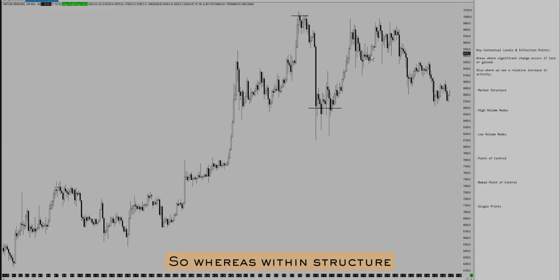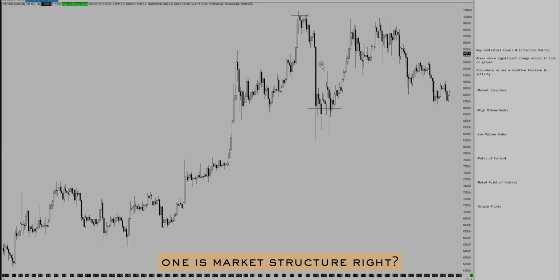Within structure, when you're more within the range, this is likely dominated by your smaller traders, your more intraday traders. When you get towards the extremes of market structure, that's when you'll see a substantial increase in participation by swing traders and position traders, who are maybe not as interested in what goes on within the range, but are looking to find their risk around the range.